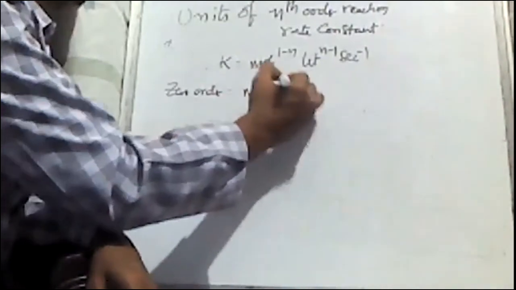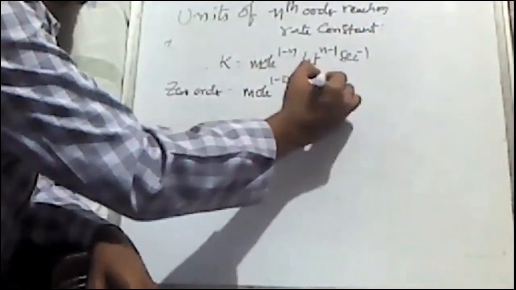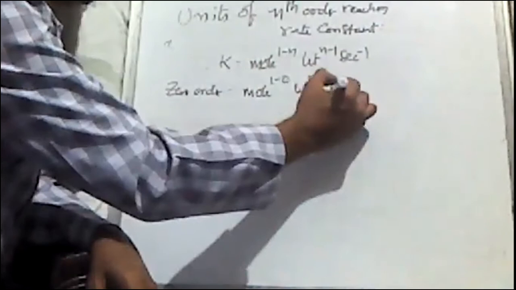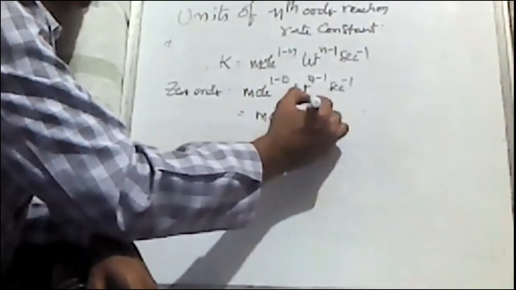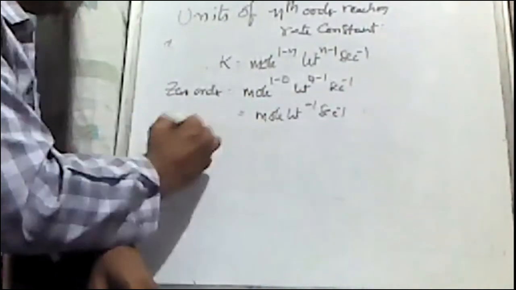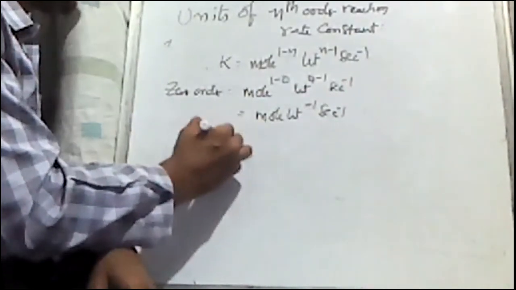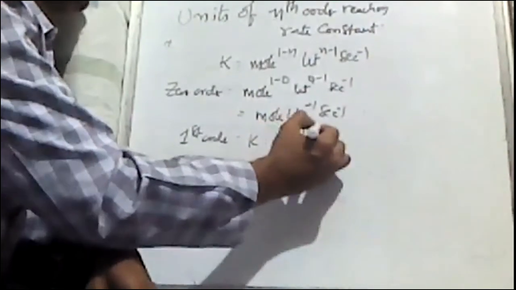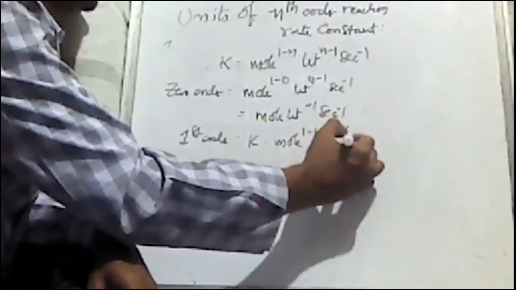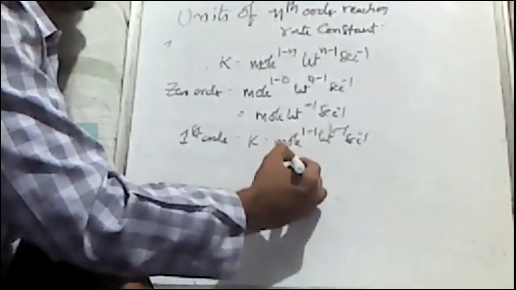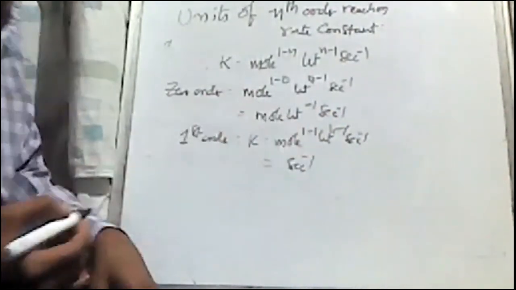Substitute n is equal to 0: L^(1-0)... mol L⁻¹ s⁻¹. What about the first order reaction rate constant? If I substitute 1, mol^(1-1) L^(1-1) s⁻¹. Then what will happen? The unit is s⁻¹.